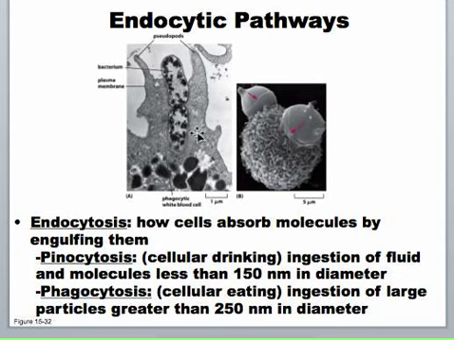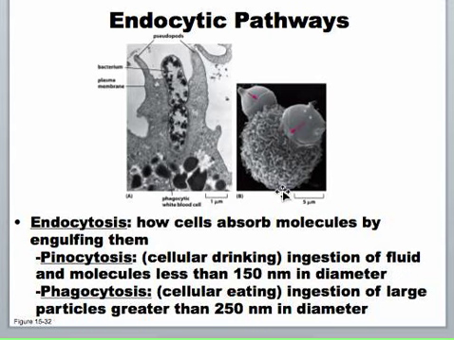So here's our macrophage, and what it does is it extends its cytoplasm to surround a bacterium or an invading cell. And so here's two bacterium that this macrophage is surrounding, and what will happen is that these extensions of the cytoplasm will fuse on either side of this bacterium, and then the bacterium is going to be put inside of that macrophage. Eventually, it's going to fuse with the lysosome, and that's how the bacteria is going to be degraded.